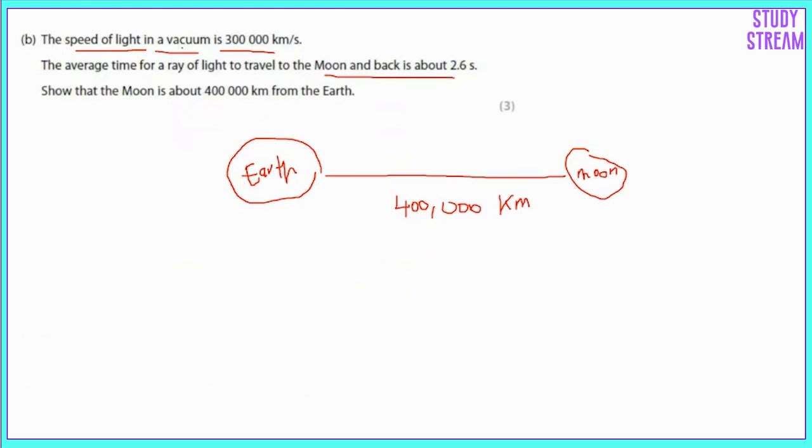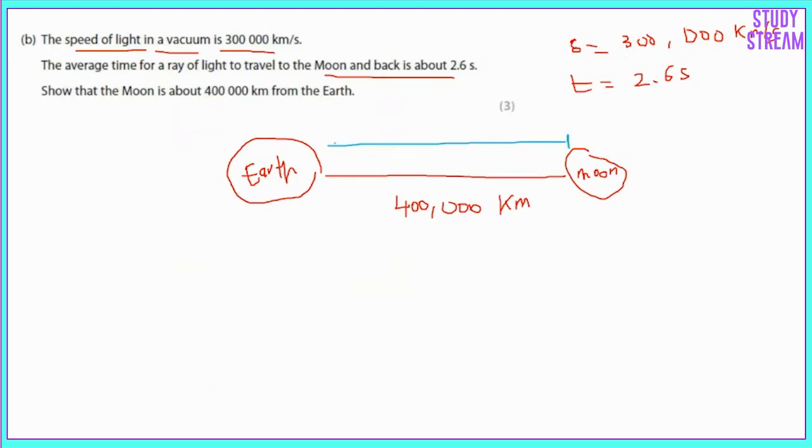Now if we know that the speed of light is fixed in vacuum, the speed is given as 300,000 kilometers per second, and the time taken was 2.6 seconds, and that distance is basically describing two ways, so one trip to the moon and back.